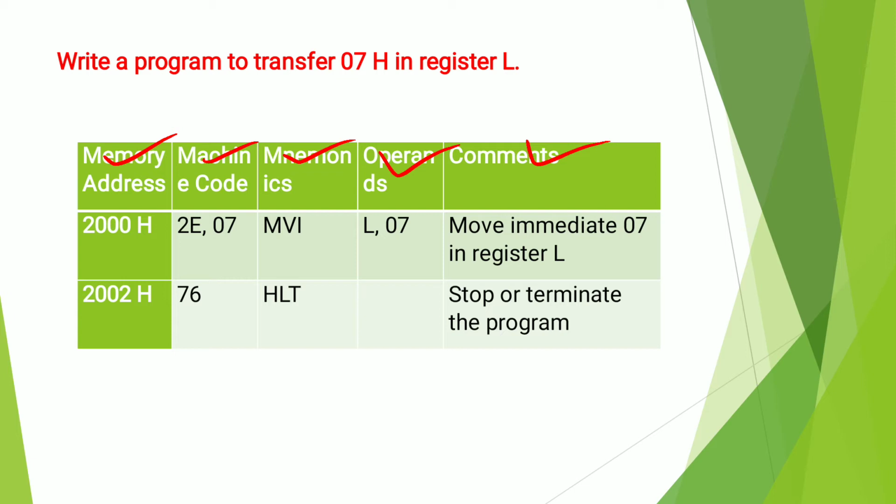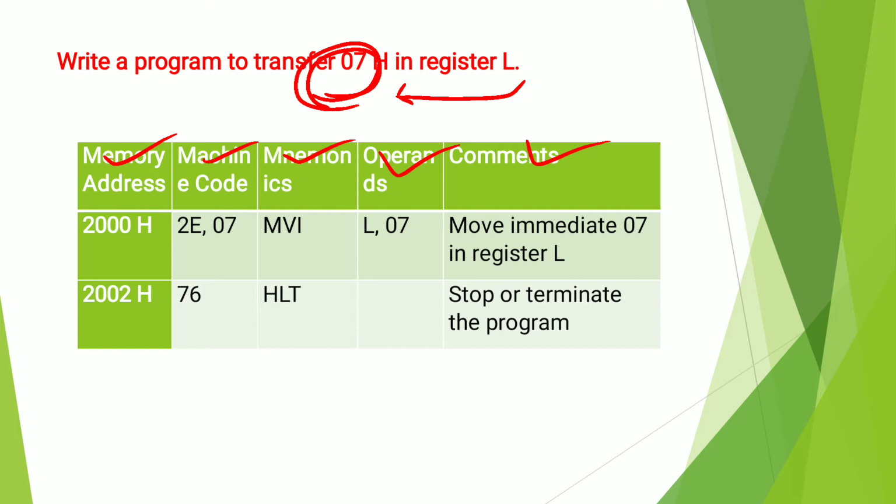So there is a program to transfer 07H into register L. Means we have to move the 07 data into the register L. So first initialize the 07.